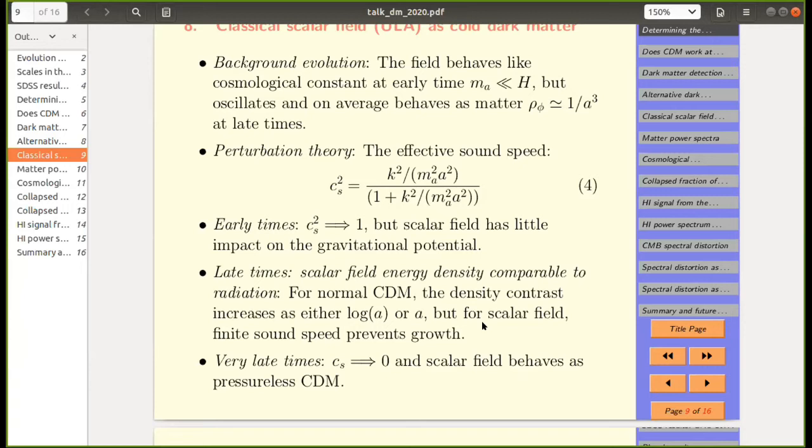But for a scalar field, that's really not true, because there is a finite sound speed which will prevent growth of perturbations below a certain scale for a certain range of times. And that's interesting, because in a very natural way this allows us to have models in which there is less power at small scales. At very late times, of course, c_s goes to 0 and the scalar field behaves like pressureless CDM.